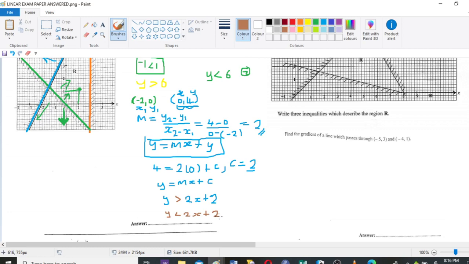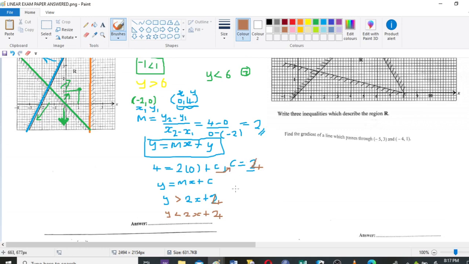Is it 2 or 4? Sorry, this value here is supposed to be 4 and not 2. So here we need to have 4, because the value of c is 4 here, okay? It's giving us 4 and not 2.